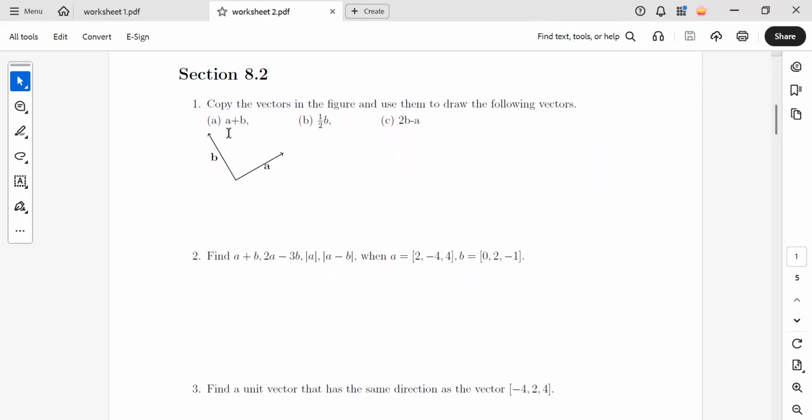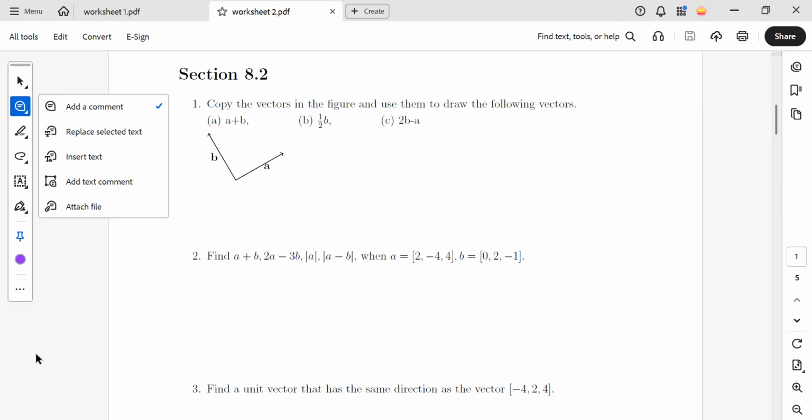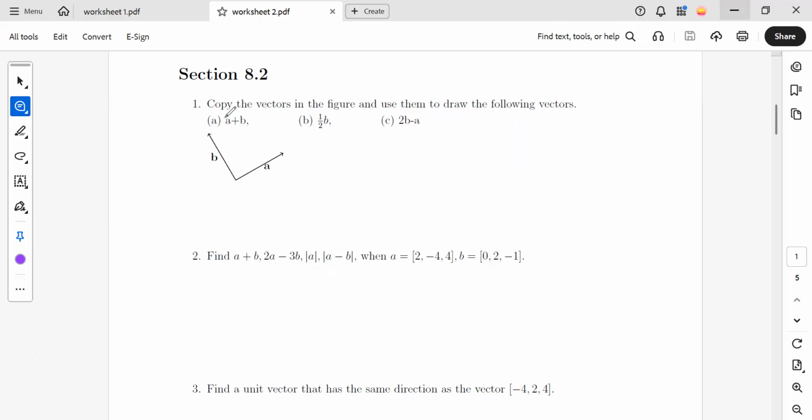For the first question, it is asking about drawing a plus b, half of b, and 2b minus a. For the first one, if you want to draw a plus b, you can use either triangle law or parallelogram law.